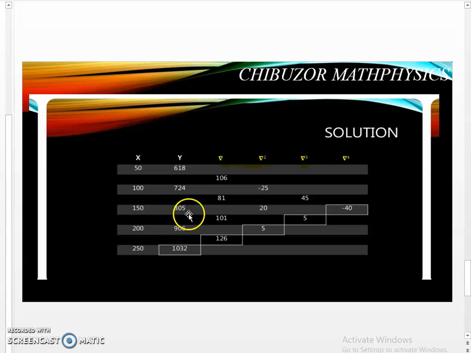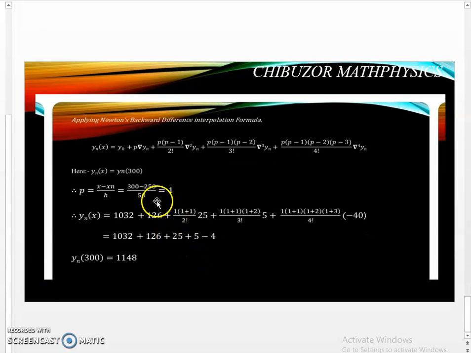We are using this last value because it is backward, so this becomes our xn. We should have used 50 if it were forward interpolation, but since it is backward, you use 250. So 250 is our xn, while 300 is our x, divided by the interval. Of course, the interval is 50.